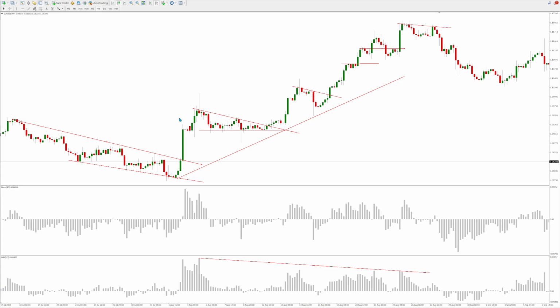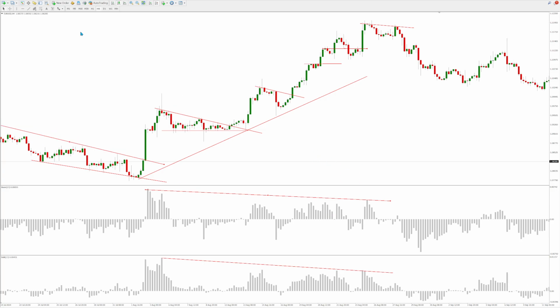Okay, not just on the bulls, but then the bears are diverging as well to the downside.